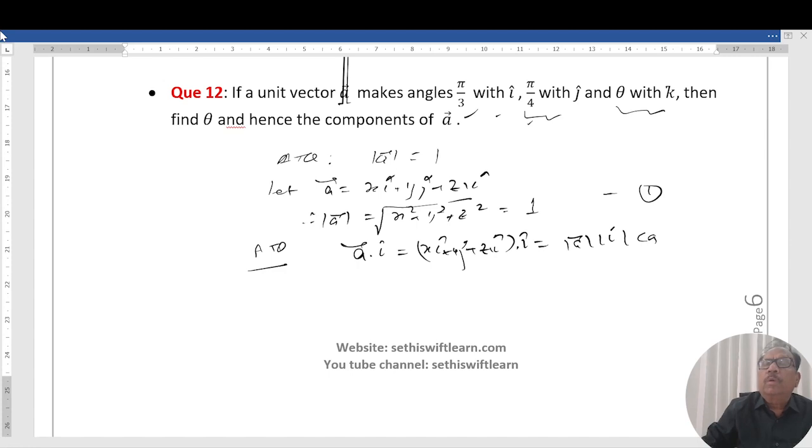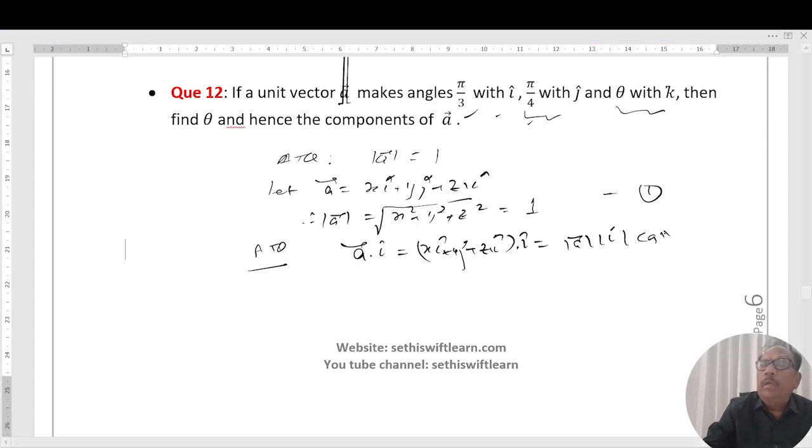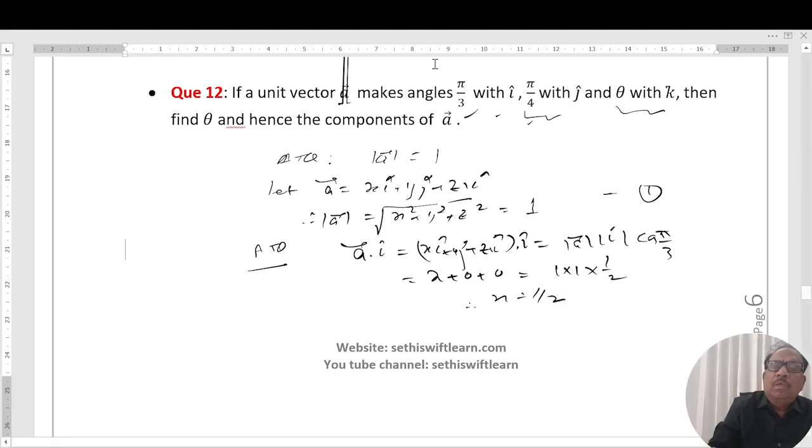The angle is pi by 3. i dot i is 1, so x plus 0 plus 0. This comes out to be 1 into cos of pi by 3, which is 1 by 2. Therefore, x comes out to be 1 by 2. Similarly, for pi by 4, cos is 1 by root 2. y comes out to be 1 by root 2.